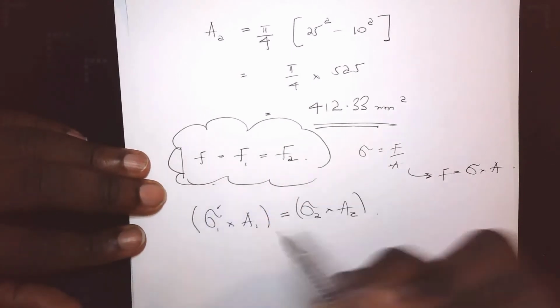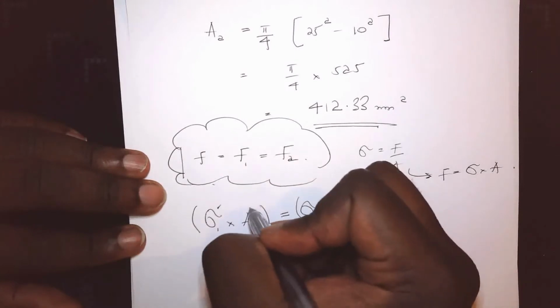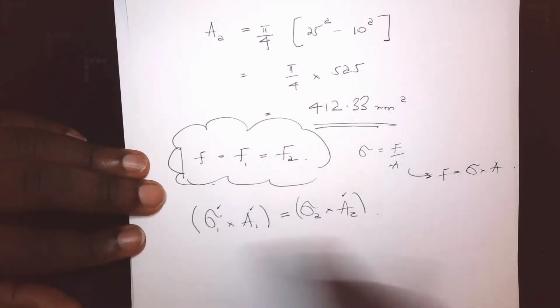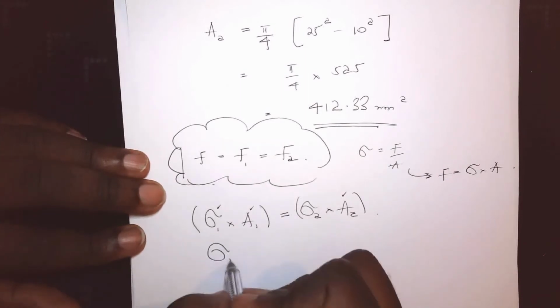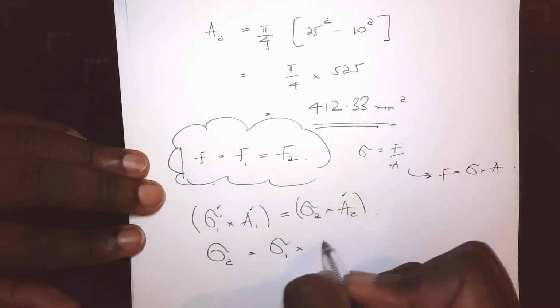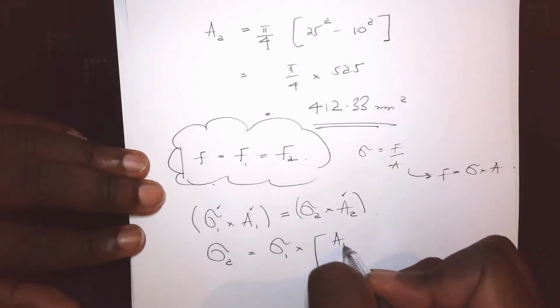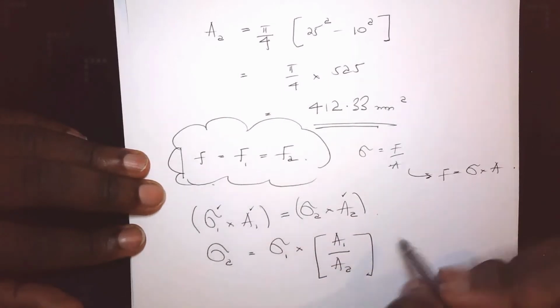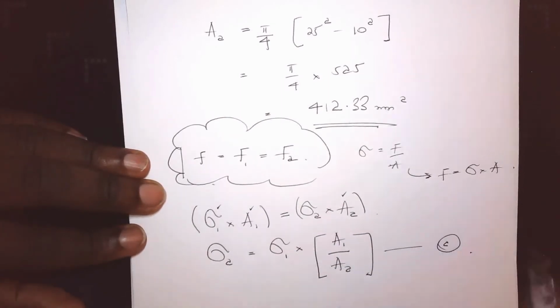We know sigma 1, we calculated that. We know A1, we know A2. So if we make sigma 2 the subject of this equation, this will give us sigma 1 times the ratio of area 1 to area 2. So let's call that equation 2.